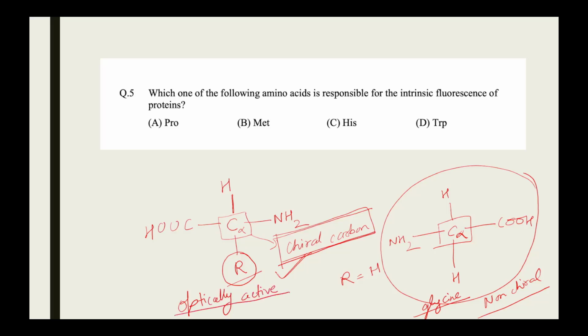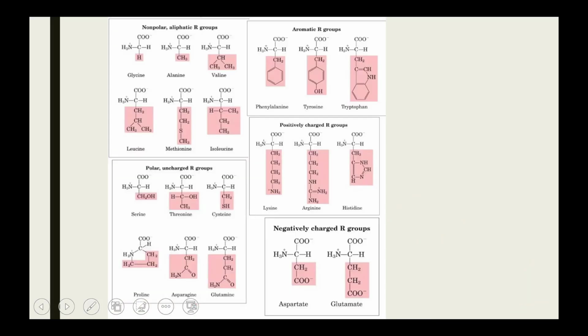Okay, so this is the basic structure of any amino acid. There are different R groups, and based on that there are different amino acid classifications. So this is the whole set of 20 amino acids found.